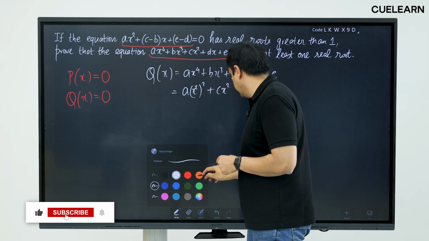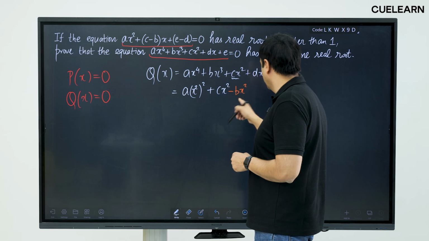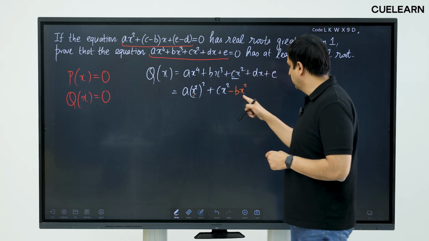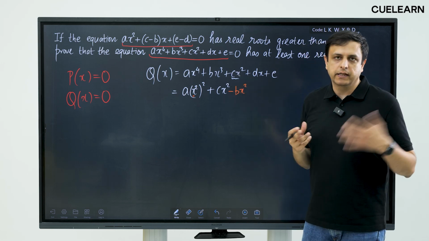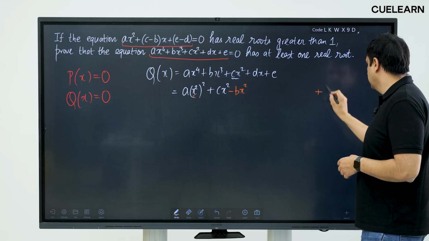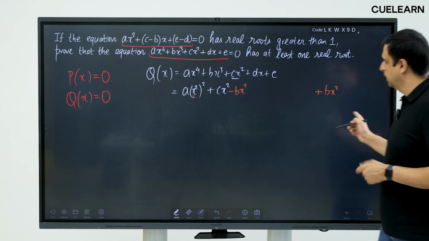So, what I will do is introduce a new term minus bx squared here, because remember the variable here is x square. But this term does not exist in the original expression of q of x. So, I also add this term back so that my expression does not change.